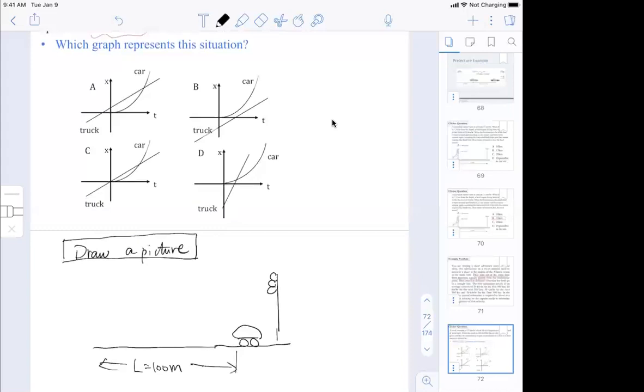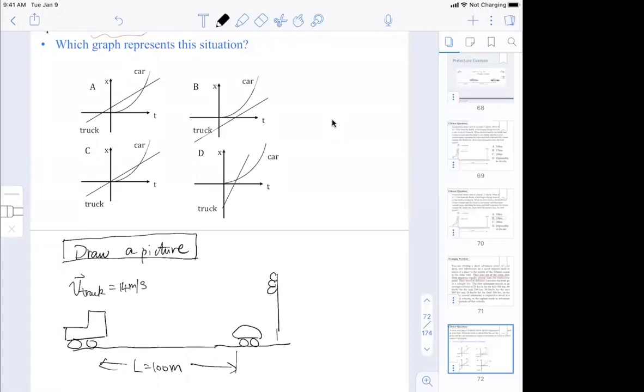We'll draw a picture and at the same time label the quantities that are given. At this time, the truck is moving, and we are given the velocity of the truck, which is about 14 meters per second, moving to the right.